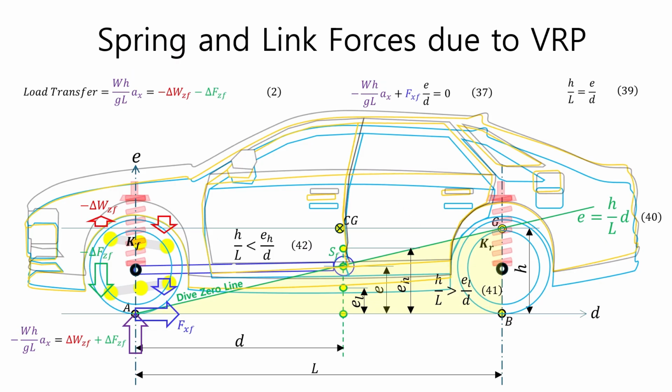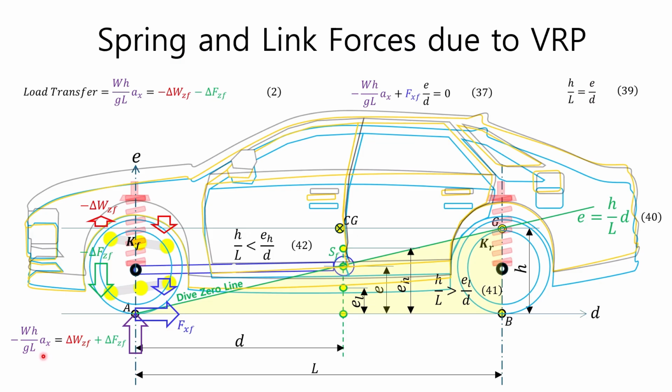In the region above the green line, pitch geometry can be expressed using inequality notation as in equation 42. In equation 42, as the height, EH, of the virtual reaction point, SF, increases, the magnitude of the force, FZF, of the suspension links, with the braking wheels, increases in absolute value, exceeding the magnitude of the total vertical dynamic load of the vehicle.